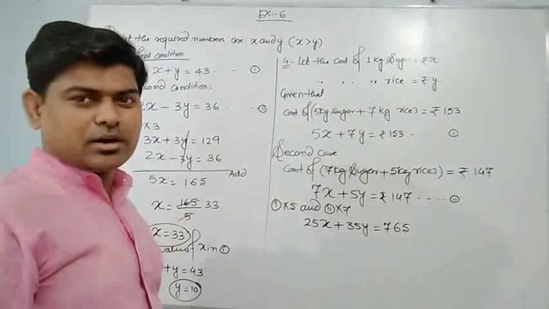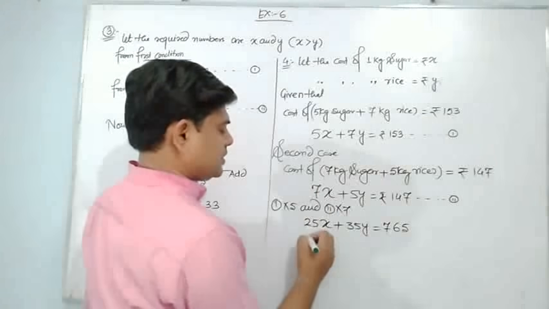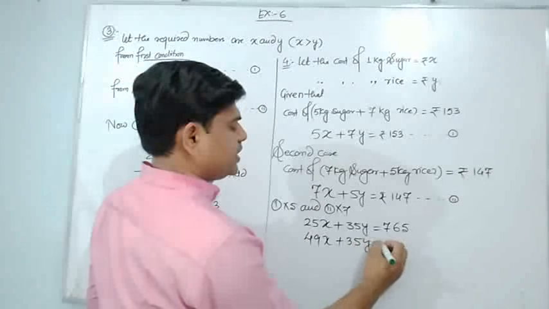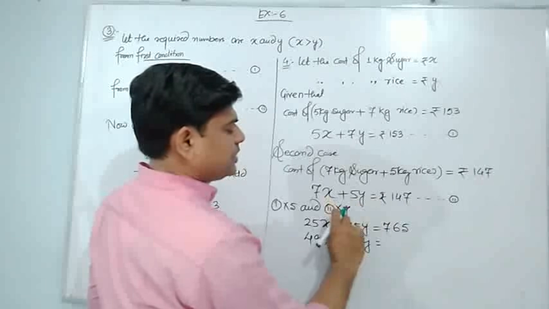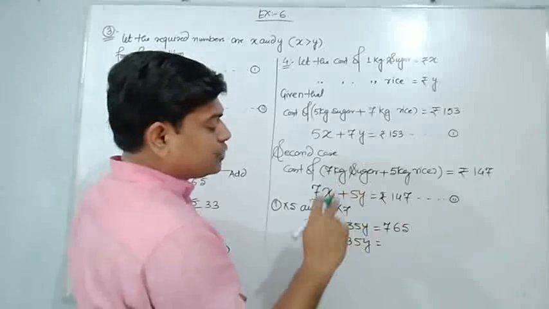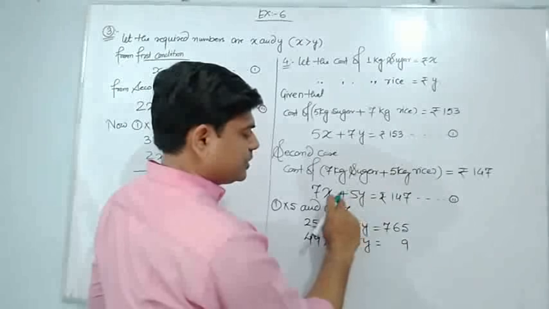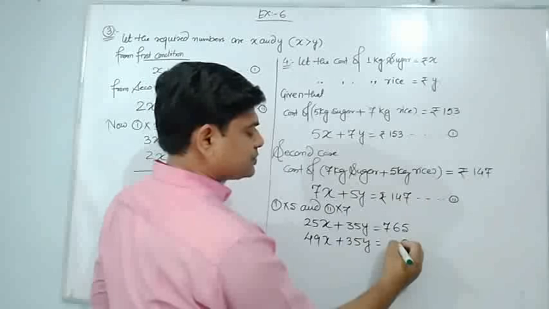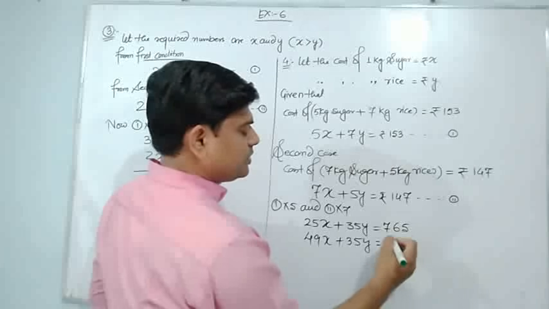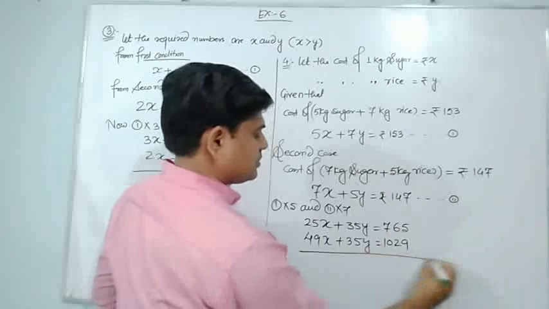You are getting all these things. And now when I multiply by 7 here, I think it is 49x plus 35y is equal to 7 into 7 will be 49, carrying 4, 7 into 4 is 28 plus 4 is 32, carrying 3, and then 7 into 1 is 7 plus 3 is 10.